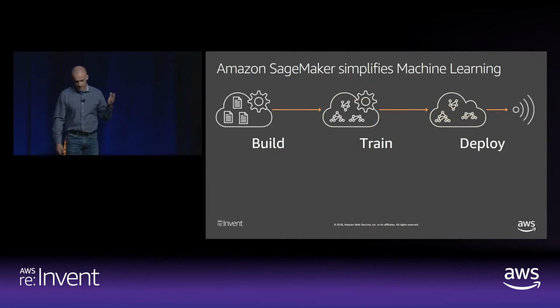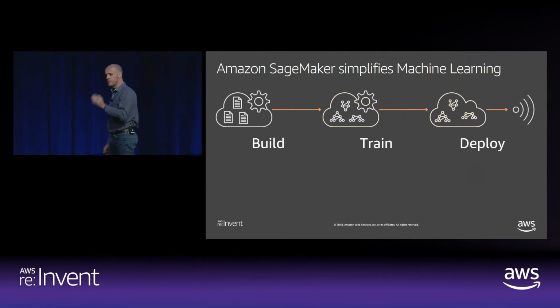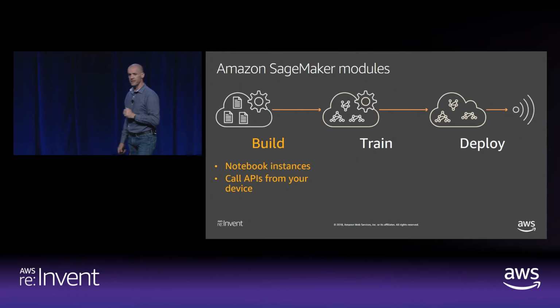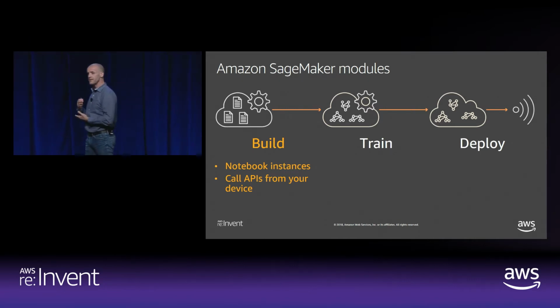So, as I said earlier on, there are 3 steps: build, train, and deploy. And we will start with building. The build part of SageMaker allows customers to instantiate notebooks on managed instances with all the right versions of all the right frameworks installed for you.